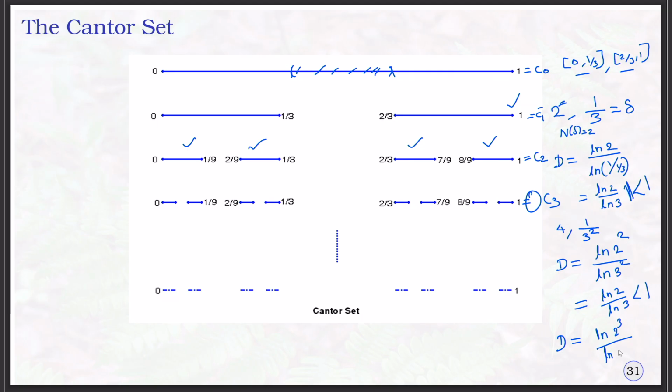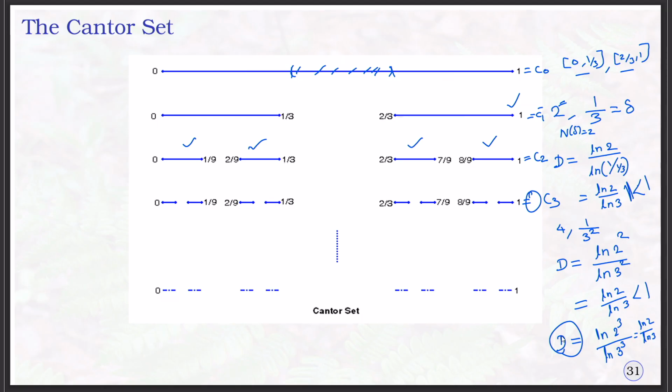Taking the ratio, we get ln 2 power 3 over ln 3 power 3, which is equal to ln 2 by ln 3. So, with respect to the iteration, this dimension is invariant.